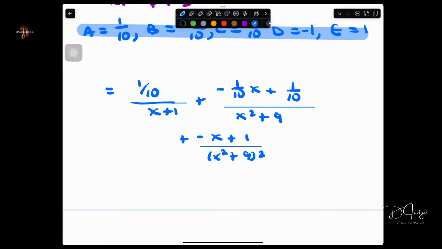So we're going to do a little bit of the factoring over here again. Factor out the negative sign, so minus 1/10 times negative x minus 1.